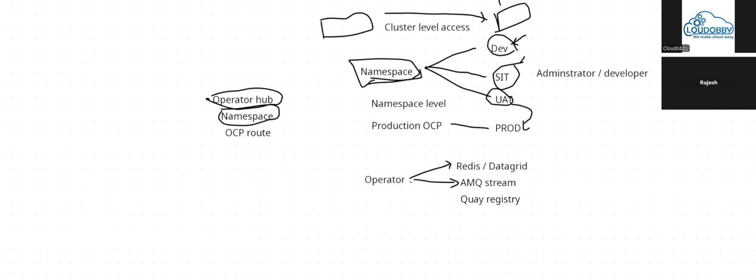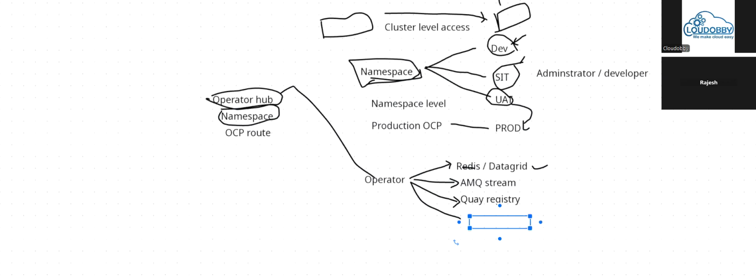But you can go to operator hub and check which operators are available. Instead of Redis, they provide Data Grid; for Kafka, Quay registry; and for API gateway, there is something called 3scale API gateway.